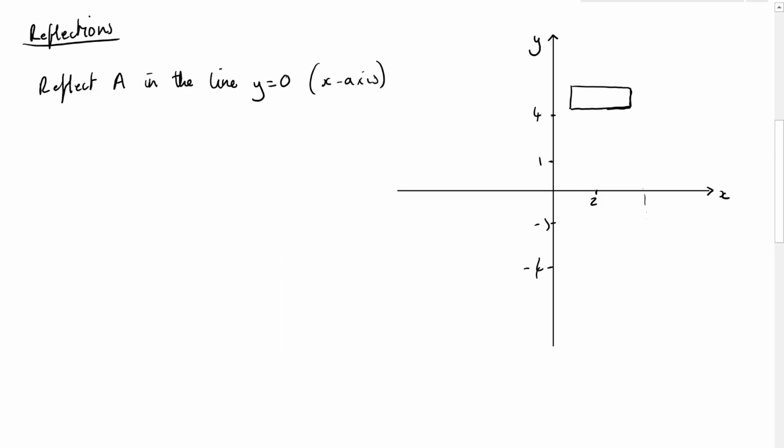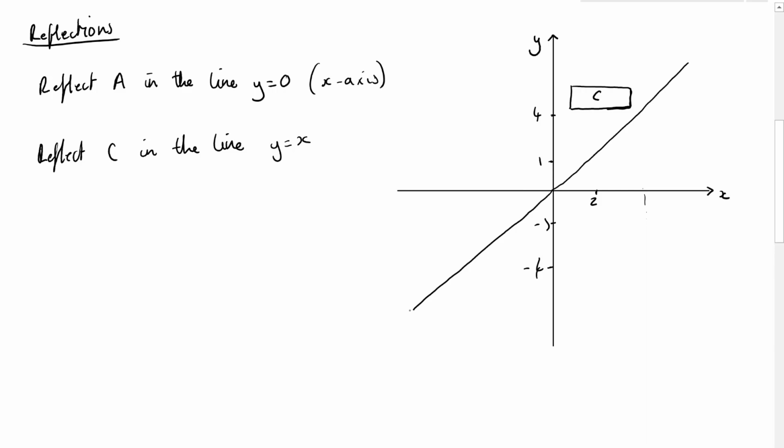Let's call this C. So reflect C in the line y equals x, meaning it's this diagonal going across here and coming back down here. This is the line y equals x, because where this is 1, this is 1, where this is 2, this is 2, and it goes on for the whole thing.